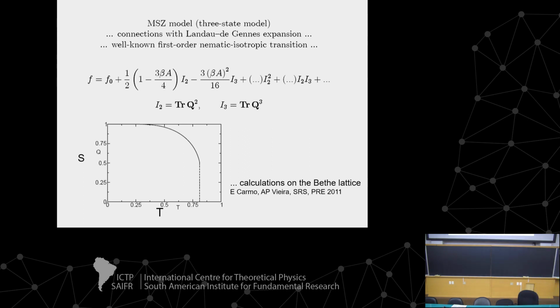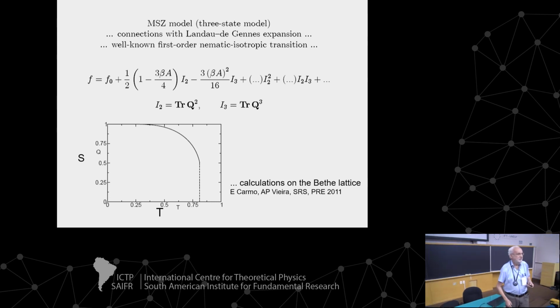So we did this calculation for the fully connected model, and also we did this calculation on the Bethe lattice. Now, the Bethe lattice is also a trick that people in condensed matter physics used to like very much. They used to like the Bethe-Peierls approximation, right?